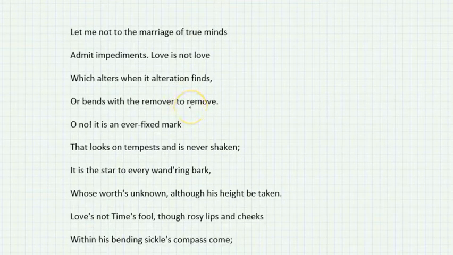Well, it says that if in difficult situations your love alters, then it is not really love, because true love lasts forever. Real love never changes. Even if something wants to bend it, true love cannot be removed.